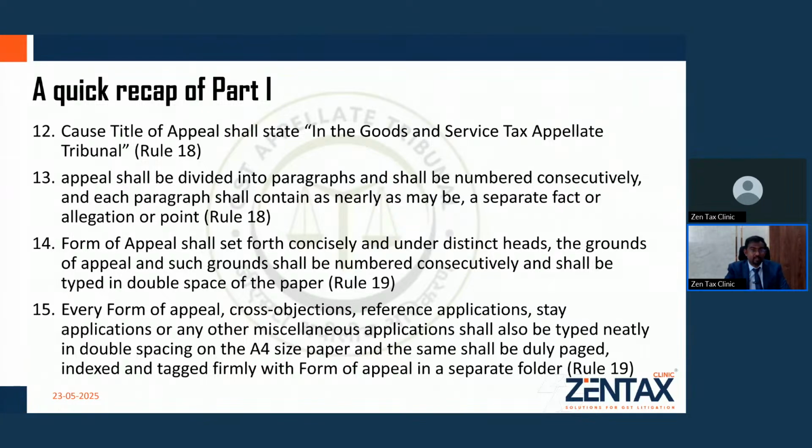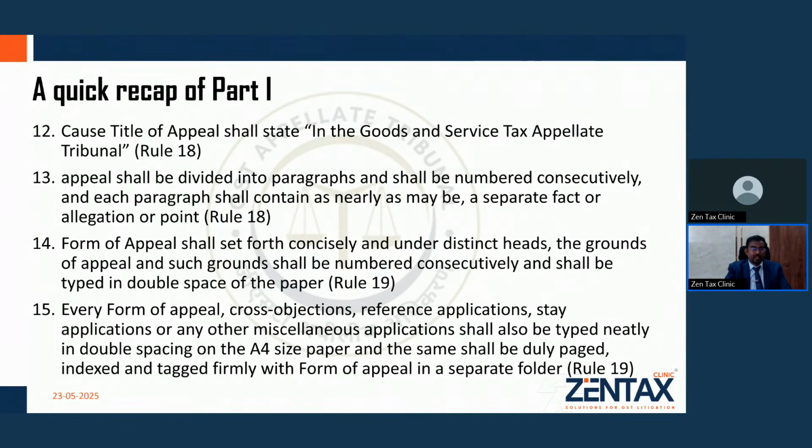Ground number 4 to say that on a legal basis, this case should have been a fit case only under section 73 and not a fit case under section 74. That there is no case of fraud, willful misstatement, or suppression of facts. This could be something in ground number 4.